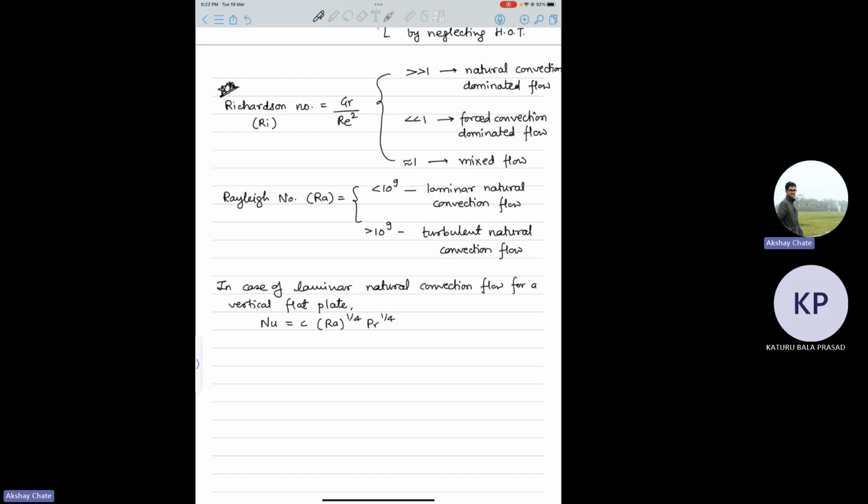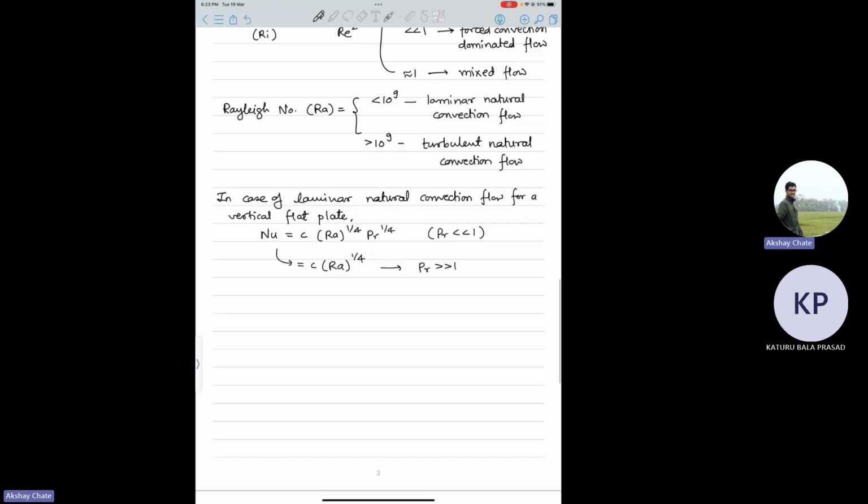But this is when your Prandtl number is less than 1. And your Nusselt number is equal to some constant into Rayleigh number power 1 by 4 for Prandtl number greater than 1, significantly higher. These all come from the scaling analysis. We did not discuss them in the class because time is not there, but this constant will change, while the powers of the Rayleigh number will be like that only.